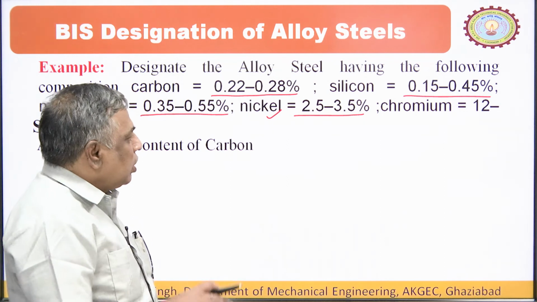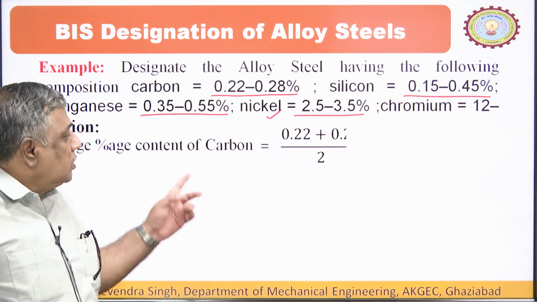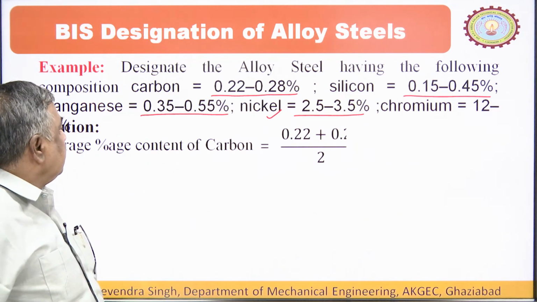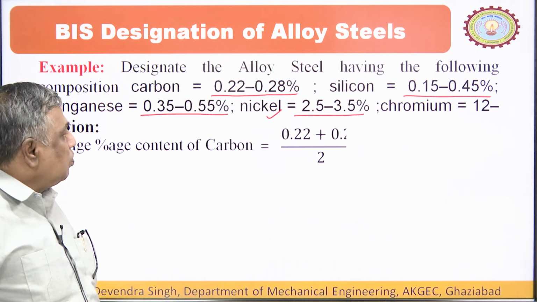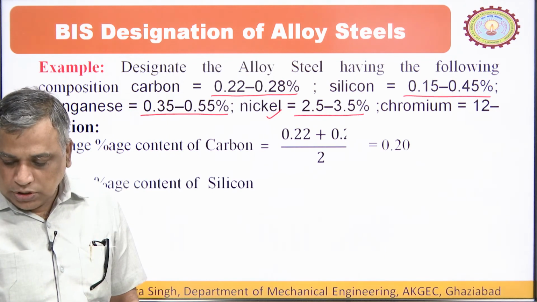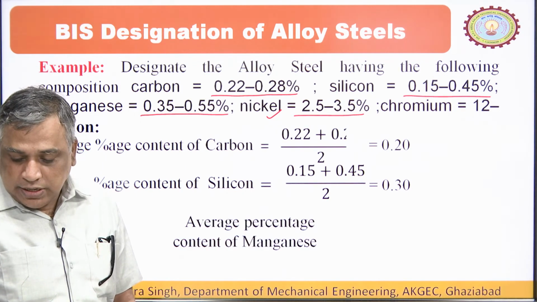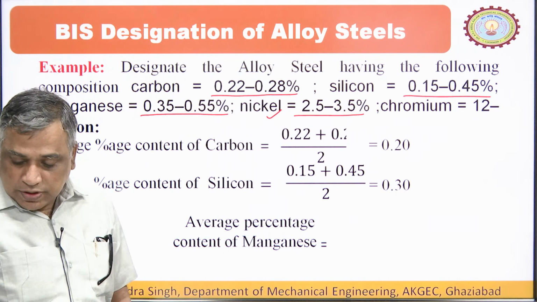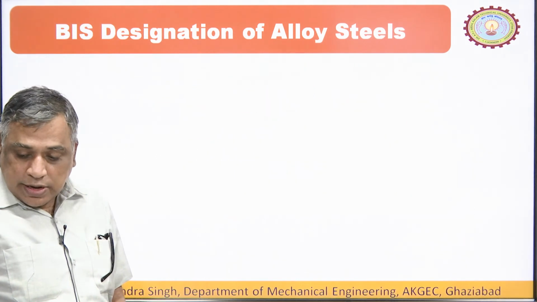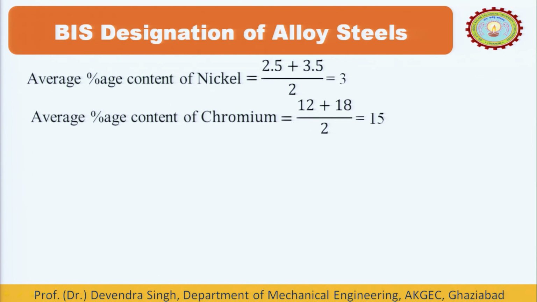So, the highest is chromium. Carbon 0.22 to 0.28 gives an average percentage content of 0.25, silicon 0.15 to 0.45 gives 0.3, manganese gives 0.45, nickel average percentage content is 3, and the average percentage of chromium is 15. So the highest percentage is chromium. So the first chemical symbol we will use is for chromium.